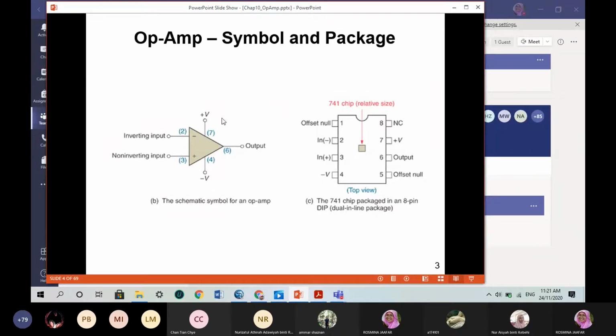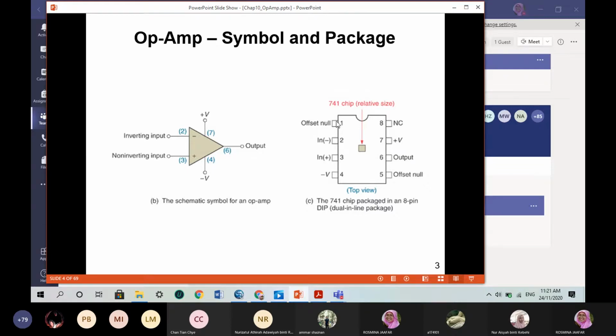So this is the symbol. On the right side of the figure, you have the actual representation, where a 741 Opamp is actually an 8-leg compact IC.